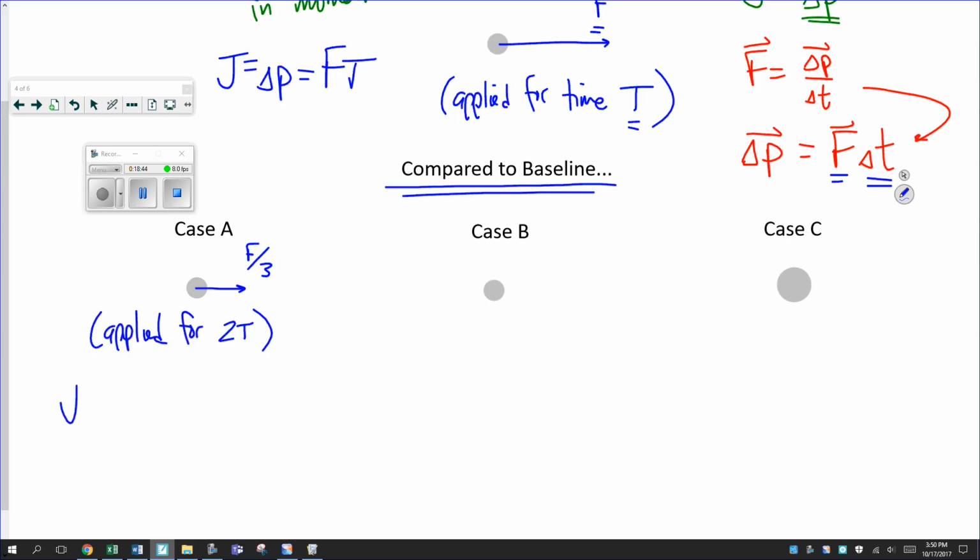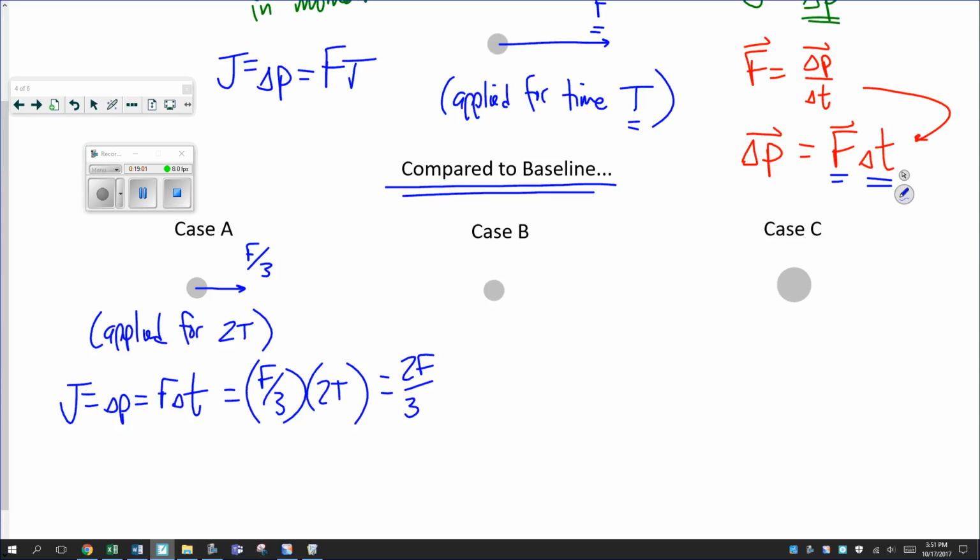This J would be, generically, delta P, generically F delta T. So this force is F over 3, our delta T is 2T, so that gives us 2FT over 3. How does that compare to our initial case?